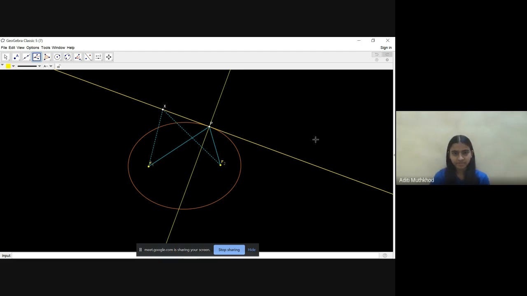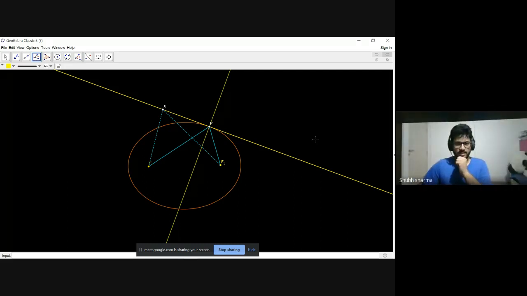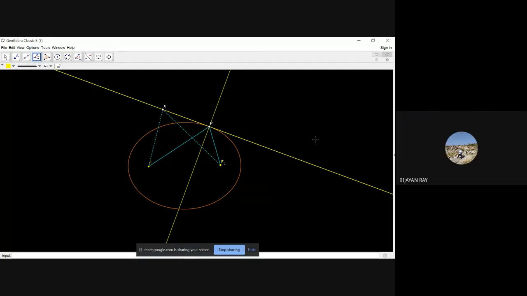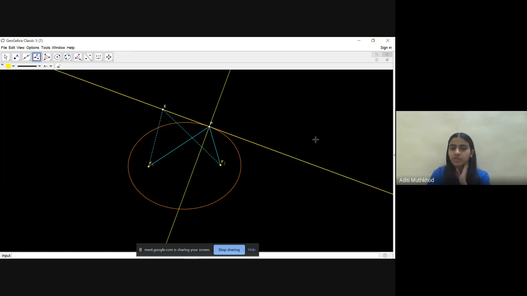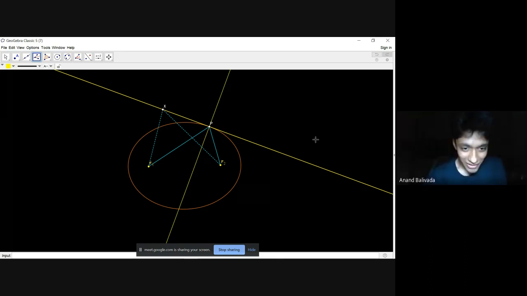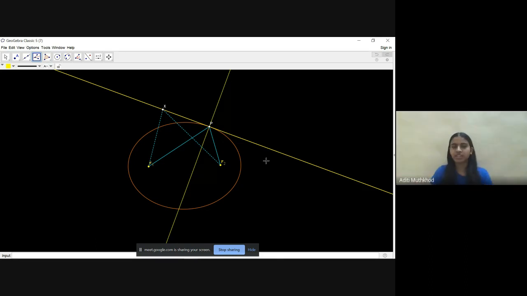Smallest distance is what you get by reflection. What is the reflection property of the ellipse? Okay, we don't yet know the reflection property. This is literally the reflection property.